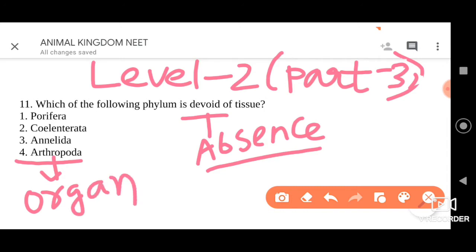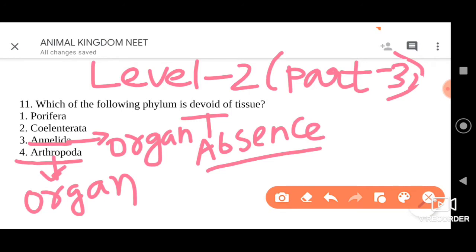They have a hard exoskeletal body as well, through which they are very well recognized. Next, we have Annelida. They are also a developed invertebrate phylum. They are segmented organisms, and they also have organ grade of organization.